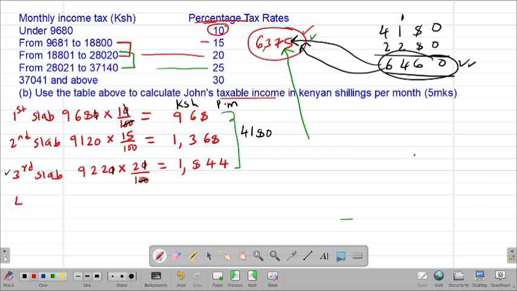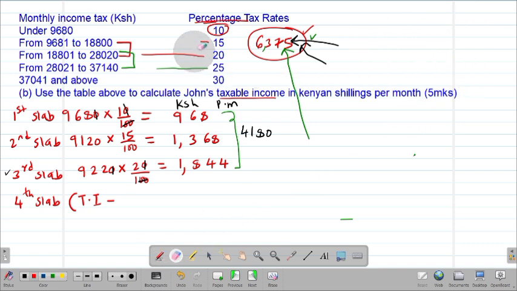So that means in the fourth slab we are supposed to have the following. If this is the last slab, we usually take the taxable income minus the total amount which was coming immediately before the last slab.